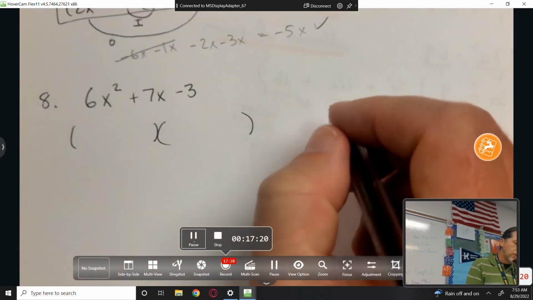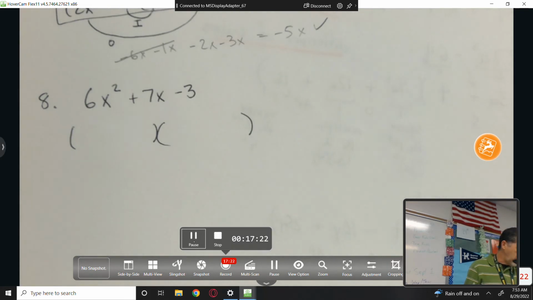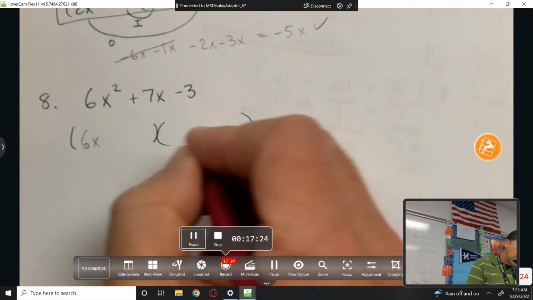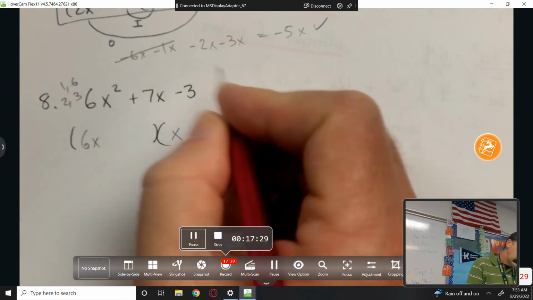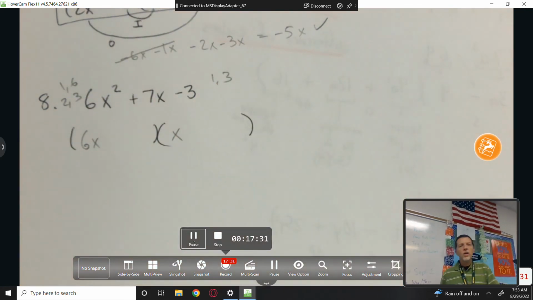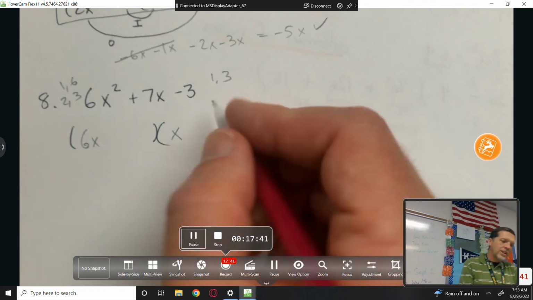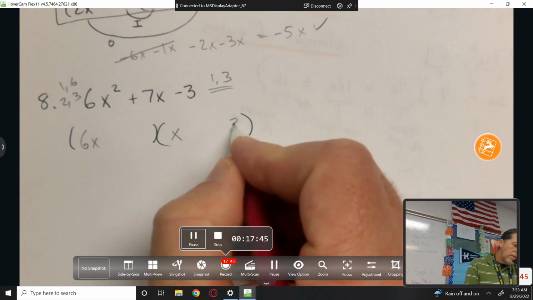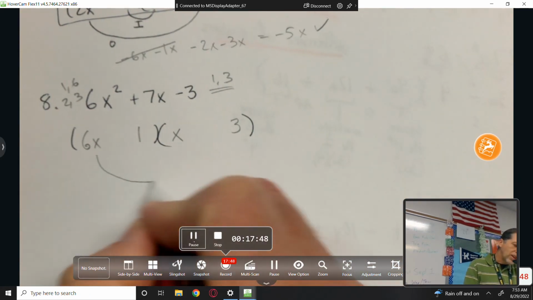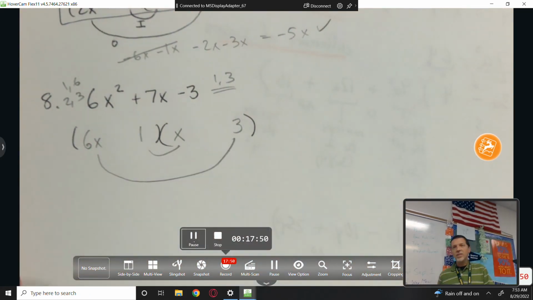Although this one is, I've got to go to a pencil right away because I don't know if it's 6x and x, or if it's 2x and 3x, I don't know yet. So let's try 6 and 1, and at least on the other end, there's only 1 and 3 as my options. If I put a 3 across from the 6, no way that's going to work because I just made 18, so that's no good.